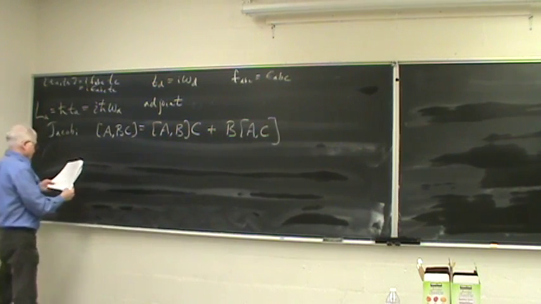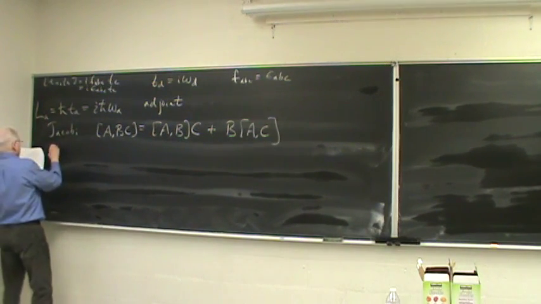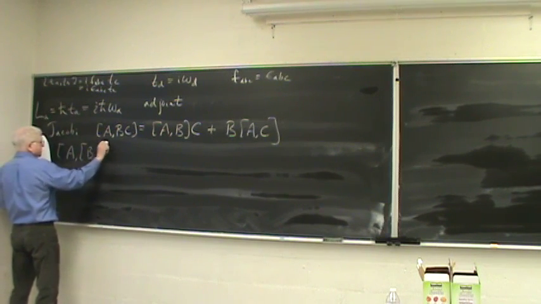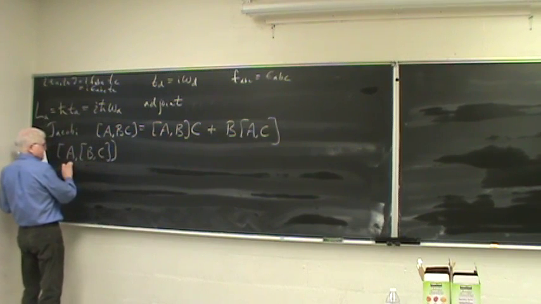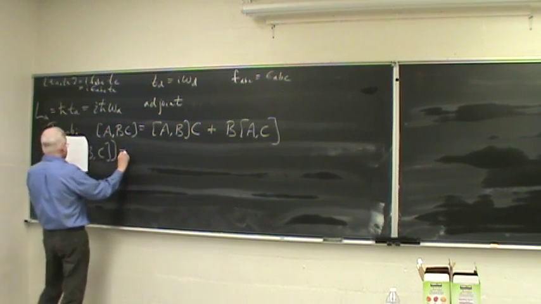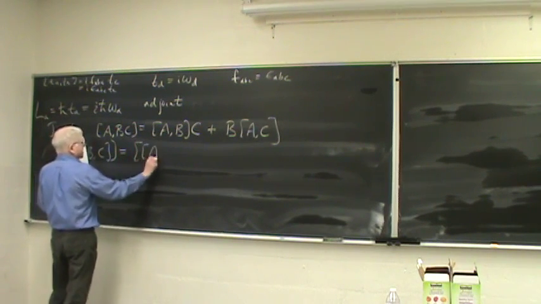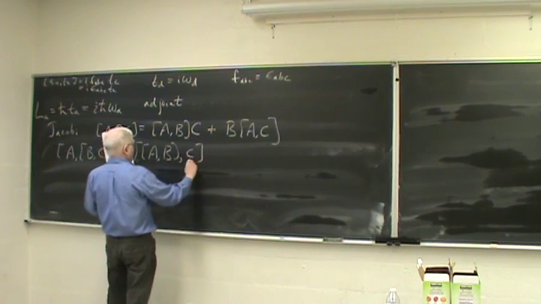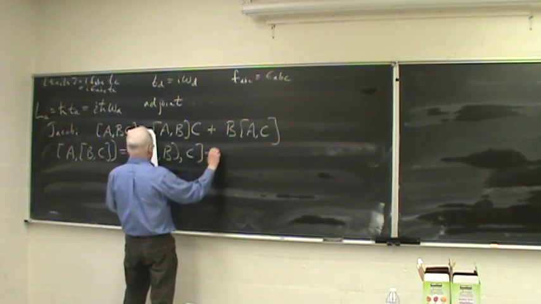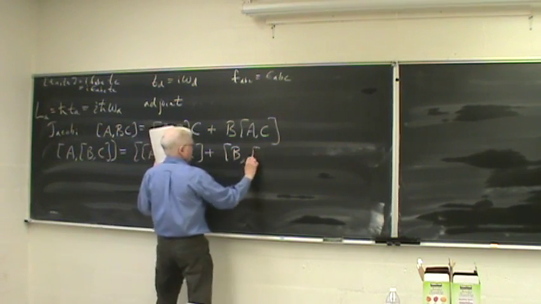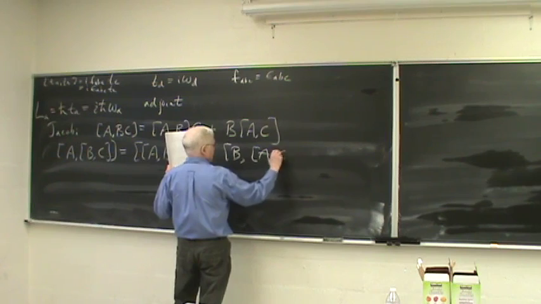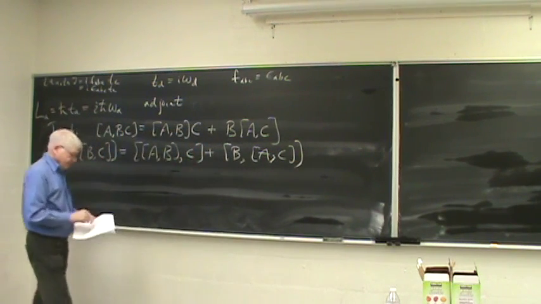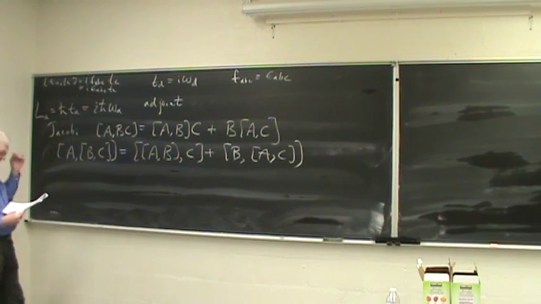What you get is the Jacobi identity, which is: the commutator of A with the commutator of B with C is equal to the commutator of the commutator of A with B, with C, plus the commutator of B with the commutator of A with C. So that is the Jacobi identity.